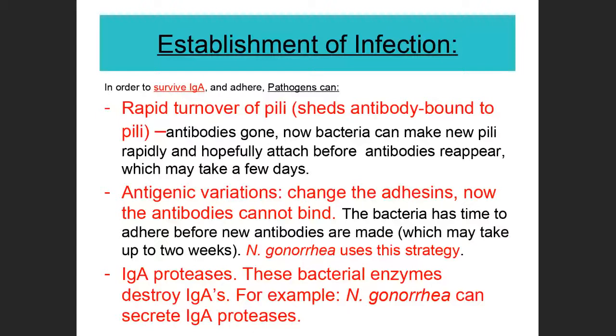And actually, Neisseria meningitis can do the same thing. Neisseria is a genus of bacteria that are very, very successful at gaining access to our bodies through mucous membranes. And the reason why is because they make IgA proteases, they have antigenic variations, and rapid turnover of pili. So that's why Neisseria gonorrhea and Neisseria meningitis are very successful at that.